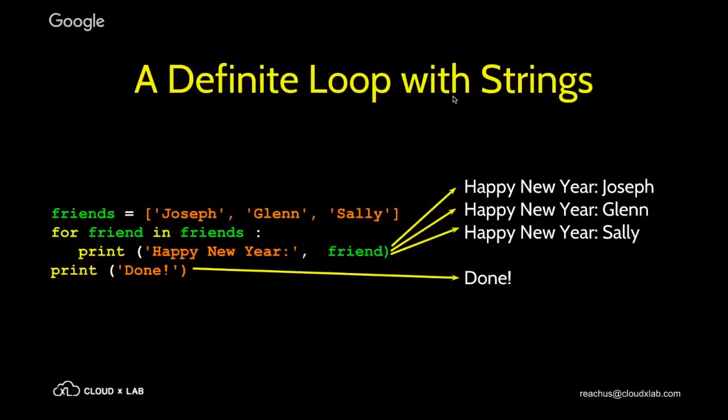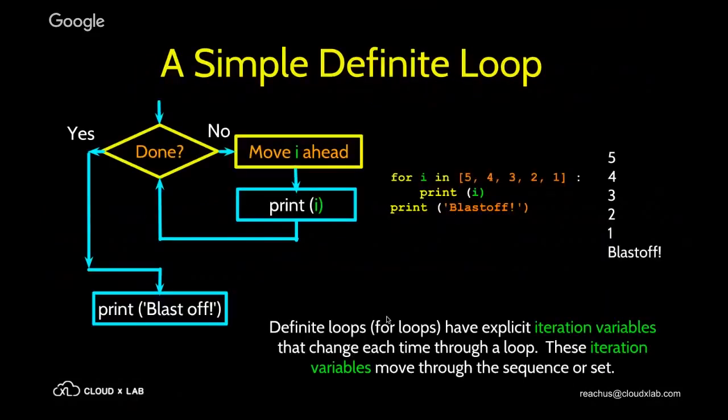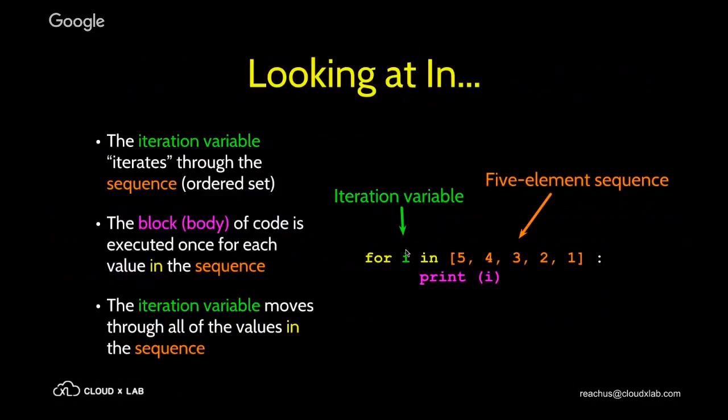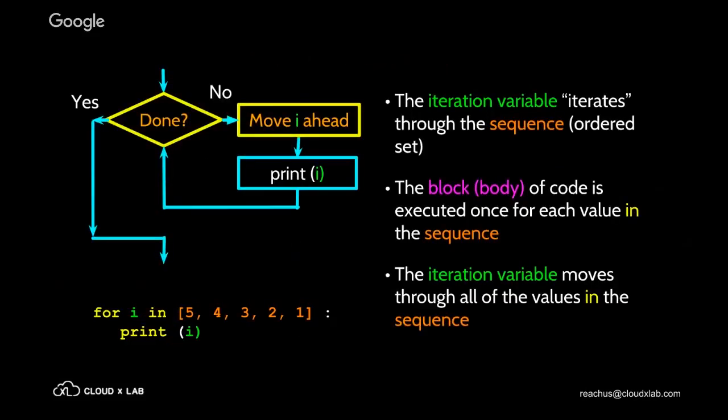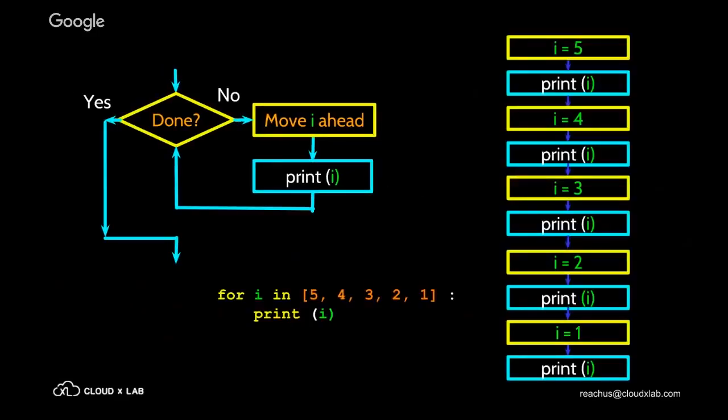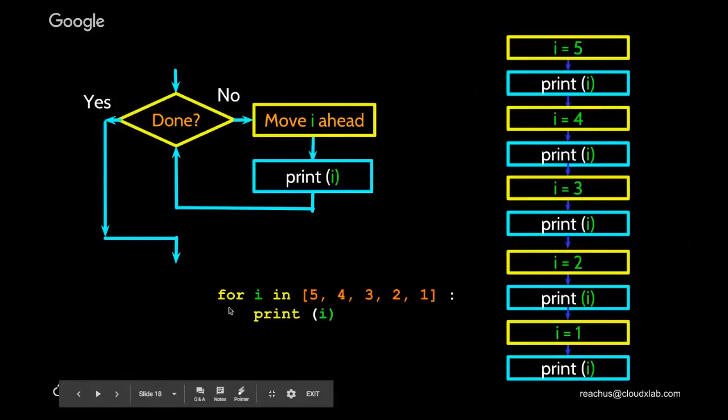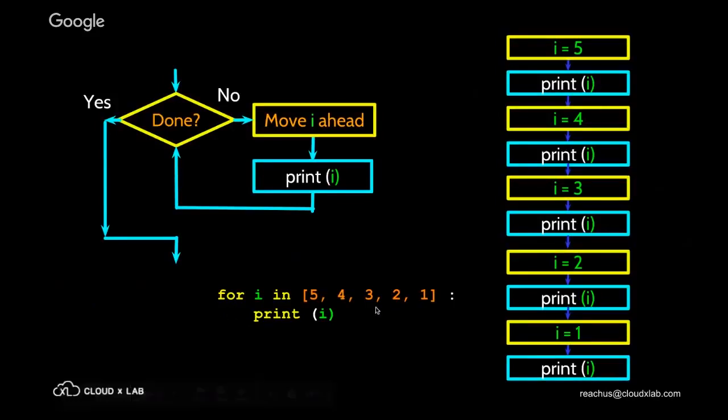All right, for the time being, you know that a definite loop runs on top of sequences. So we have an iteration variable, and this is a 5 element sequence. So the iteration variable will be first assigned 5, then 4, then 3, then 2, then 1, right? And again, just like while or if or try, except, the for loop also obeys indentation.